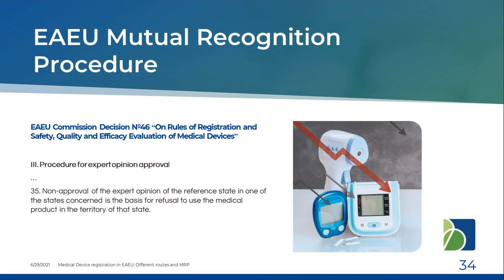So if you choose the Russian Federation as the reference country and Belarus as the concerned country, and the Belarus authorities decline the expert conclusion, it means that you will get the registration certificate only for Russia. So it's the situation when you have a registration certificate that will be valid only in one country.